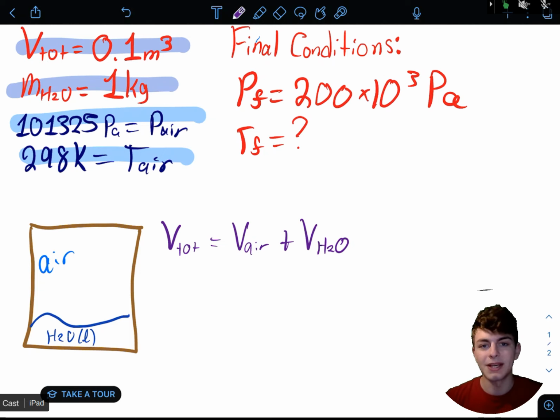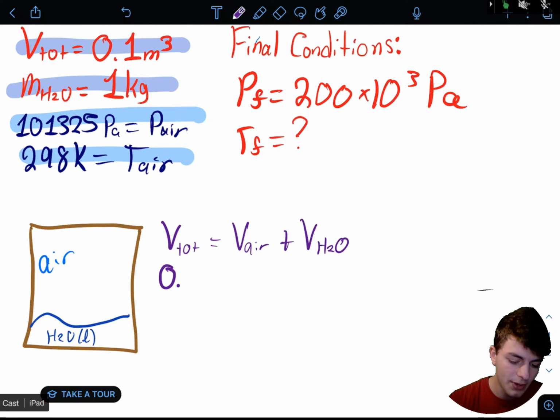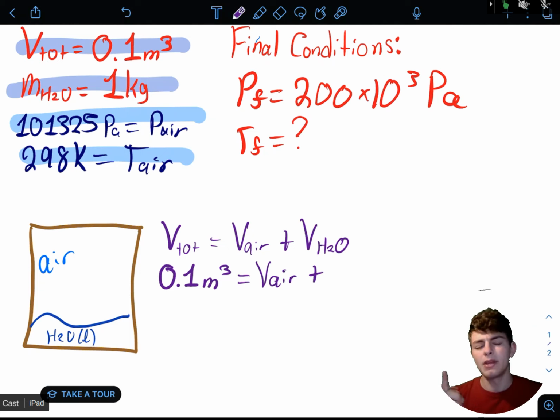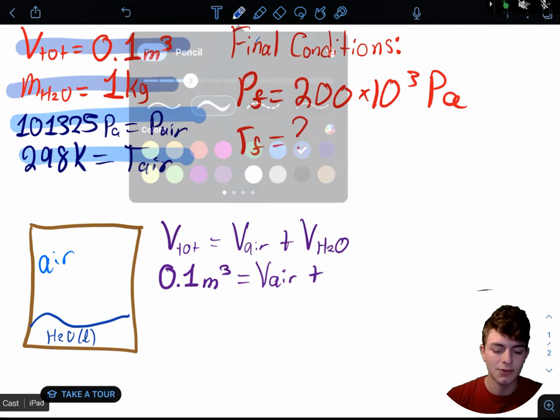But as you can guess, it will have to do with the ideal gas law. So, we know the total volume is 0.1 meters cubed, and we'll say that's equal to the volume of the air, which we don't know, plus the volume of the water.